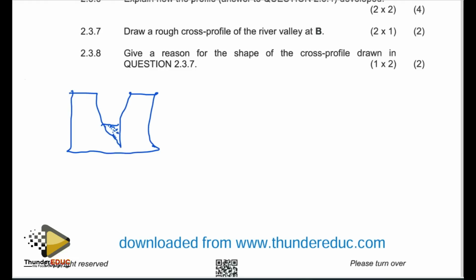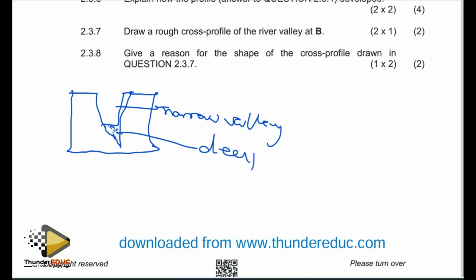What happens with this profile is that it should have a narrow valley, and the valley should be deep. Those are the basics that should be addressed by that part, because the river is still in its youthful stage, where it is eroding vertically.